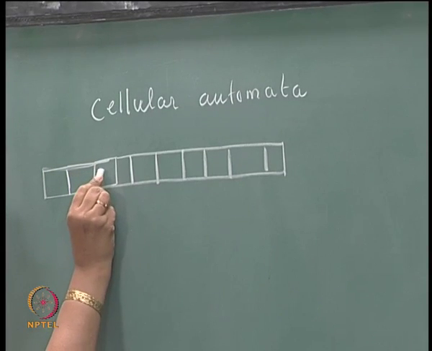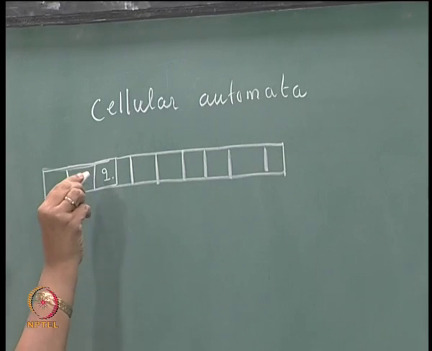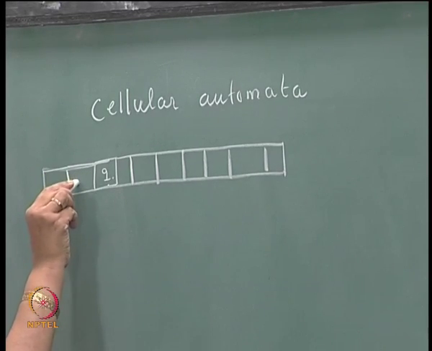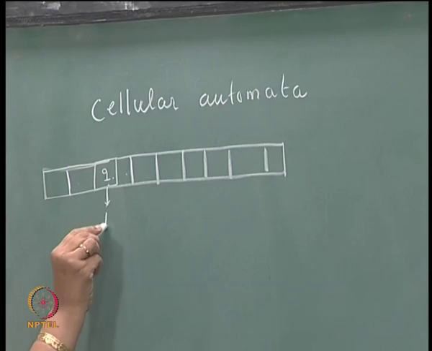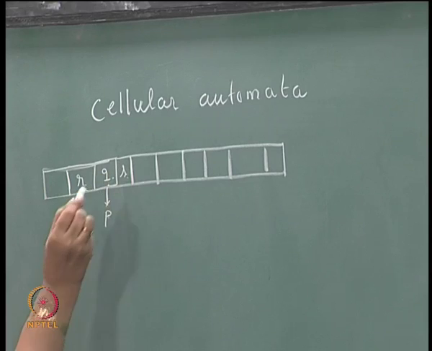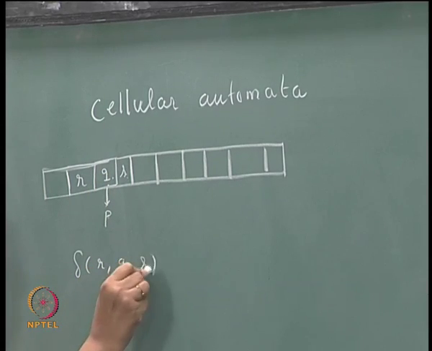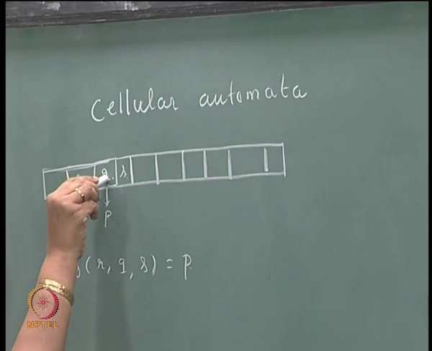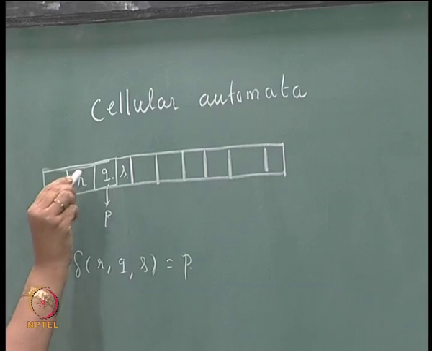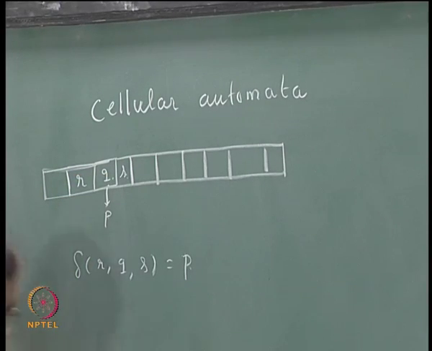Each cell is in a particular state, and in the next instance, depending upon its state, the state of its left neighbor and the right neighbor, it will go to a state P. Suppose the cell is in state Q, with neighbors R and S, the mapping will be delta of R, Q, S is equal to P. So, depending on its state and the state of the left neighbor and the right neighbor, this will change from Q to P.